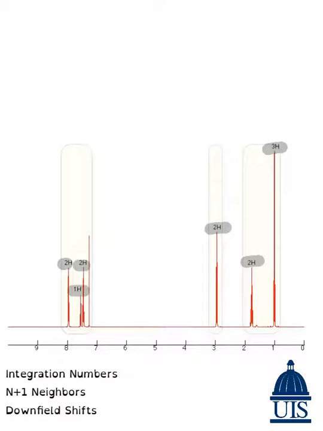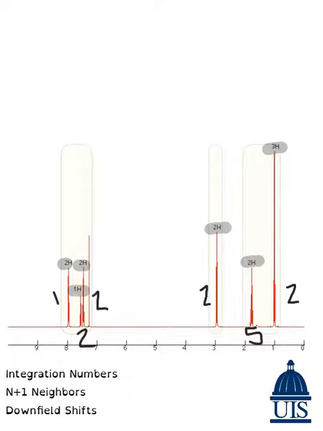Looking at that, we find our number of neighbors, because we take the number of peaks we see, we do N+1, and N is the number of neighbors. So here we're going to have 2 neighbors on this CH3 group. We're going to have 5 neighbors here. We're going to have 2 neighbors here, 2 neighbors here again, and then 1 neighbor over here.